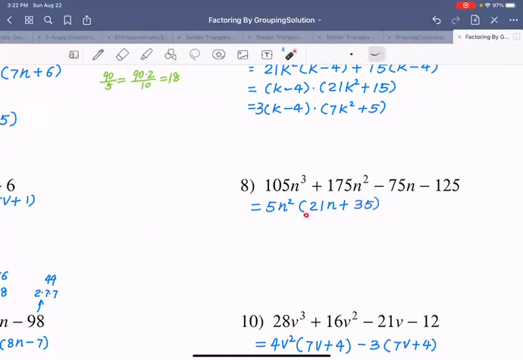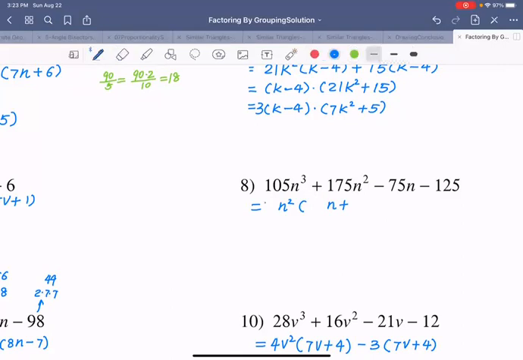So when we see here, did we see 21 and 35 are both divisible by 7? Okay. If that's the case, I would like to put this guy to be 75. Can we? Yeah. So let's change this number here, okay?